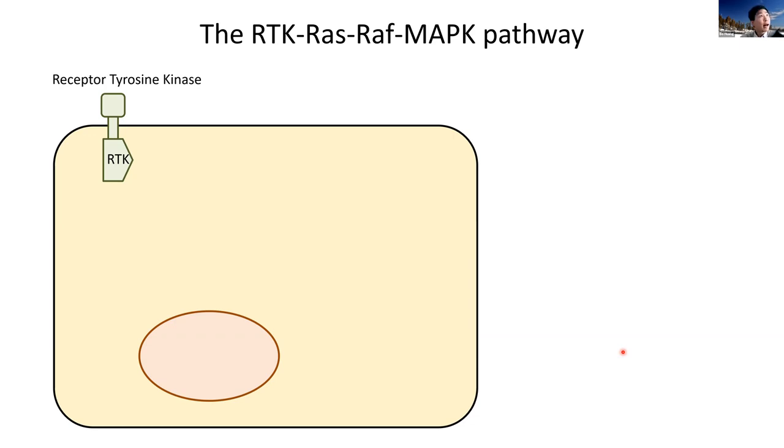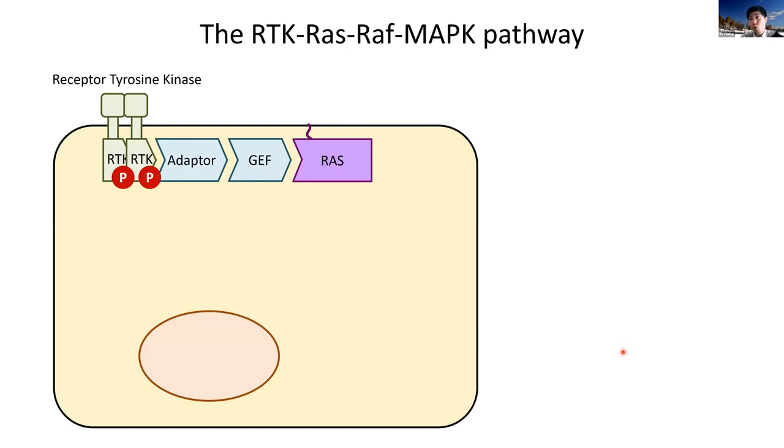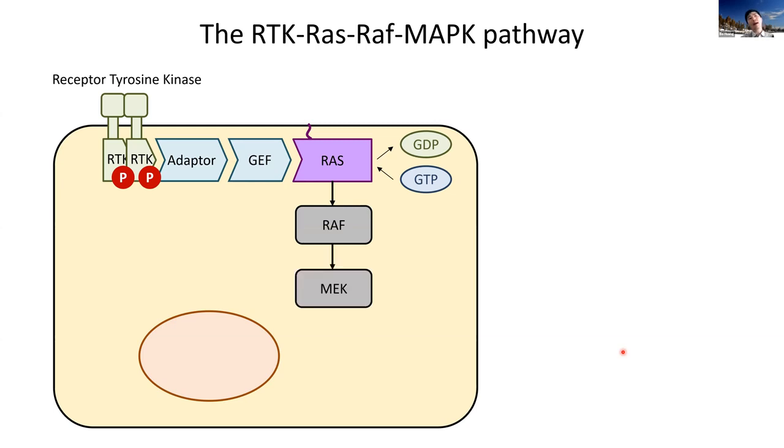The textbook model is that when we have a ligand, it starts to dimerize on the plasma membrane, and that will cause the kinase to be phosphorylated. The kinase will recruit adapter proteins and the guanine exchange factors to activate the RAS protein by exchanging GDP for GTP, and the activated RAS protein on the plasma membrane will activate RAF and then MEK and ERK, translocating into the nucleus and activating the proliferation signal in the cell.